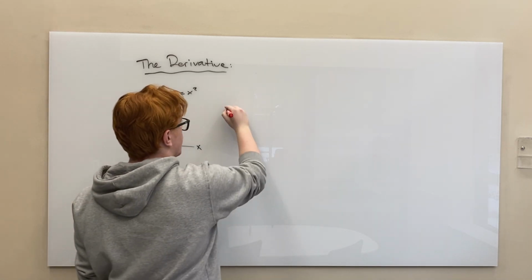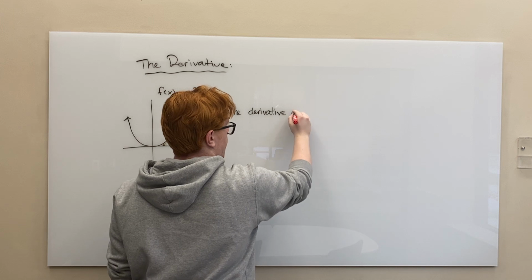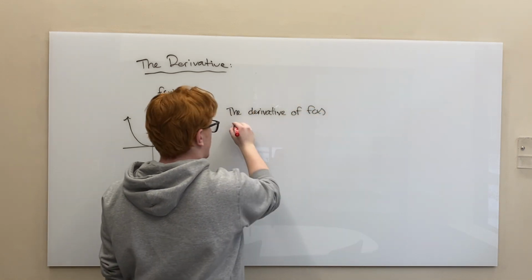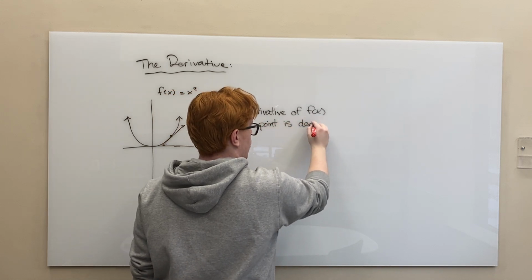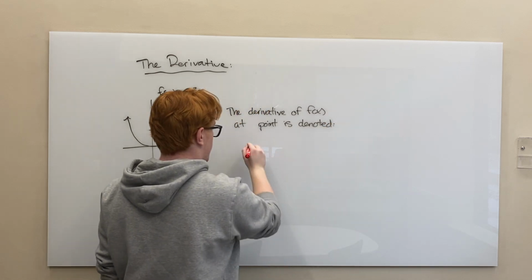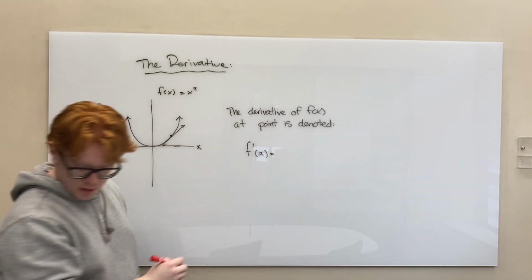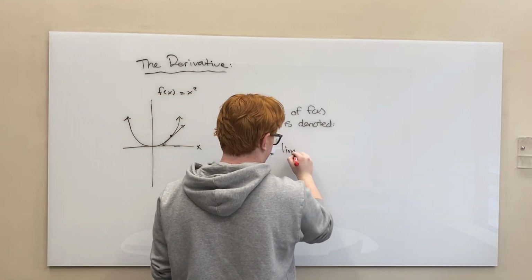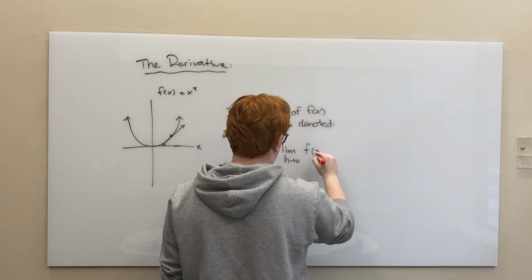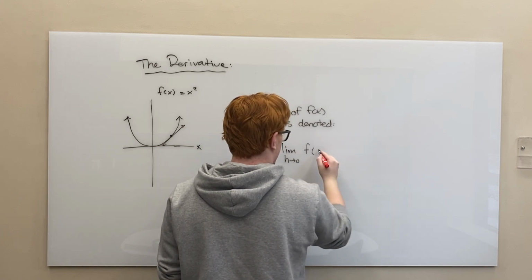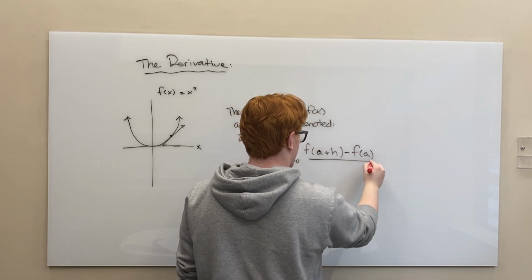The derivative of f of x at point a is denoted f prime of a, and it is equal to the limit as h approaches 0 of f of a plus h minus f of a, over h.